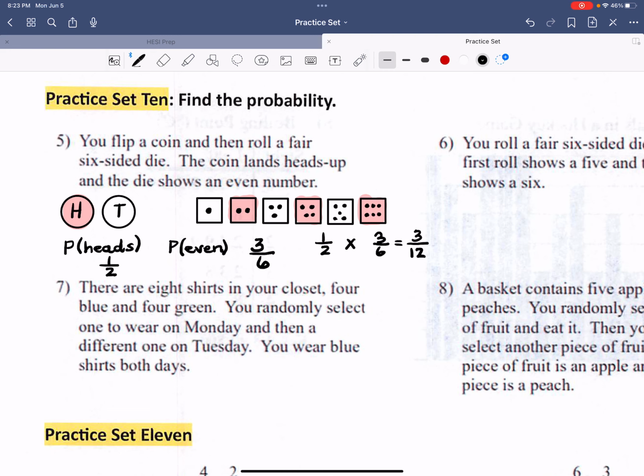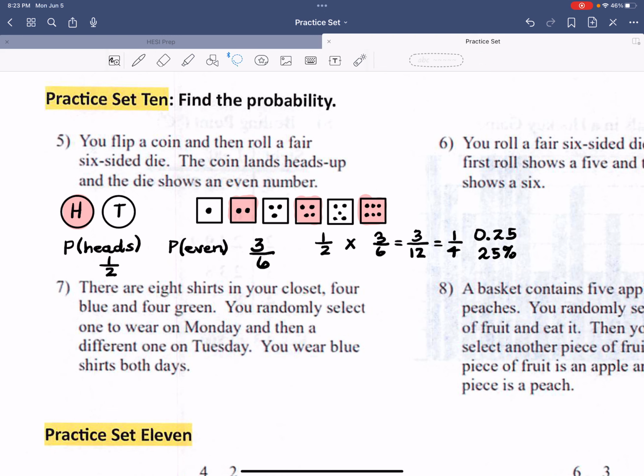That would also simplify down to 1/4. Or if you do 1 divided by 4, you will get 25 hundredths or 25%. You have a 25% chance of that happening.